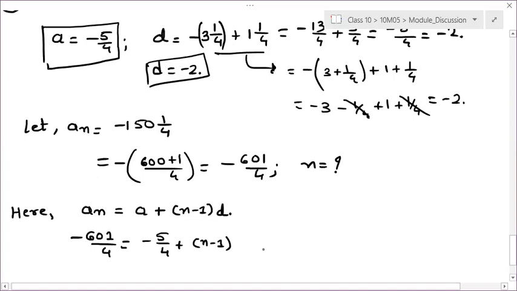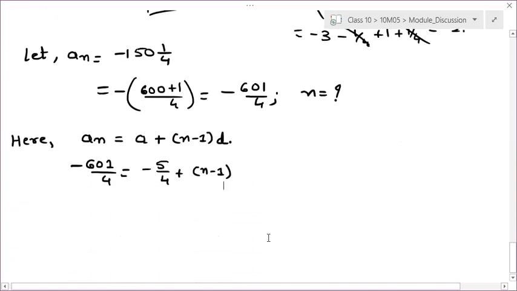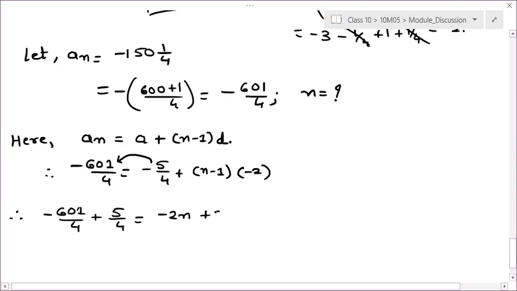What is your d? d is minus 2. So now, minus 5 by 4, if it comes to this side, it will become plus 5 by 4, or not? So minus 601 by 4 plus 5 by 4 is equal to minus 2n plus 2. I have applied minus 2 on both the terms.